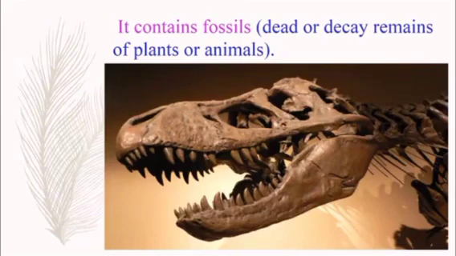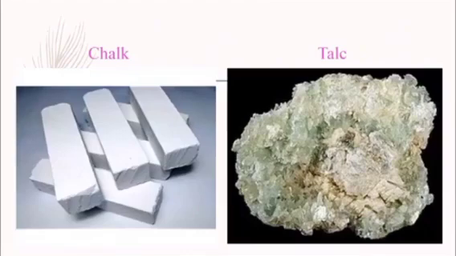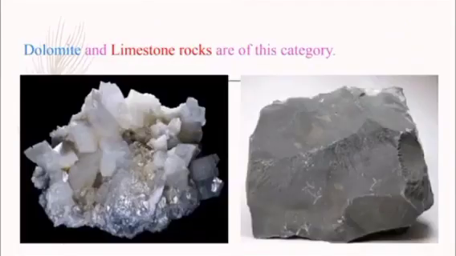So here we can see the picture of a fossil, chalk, and talc. Dolomite and limestone rocks are of this category. Here we can see the pictures of dolomite and limestone rock.